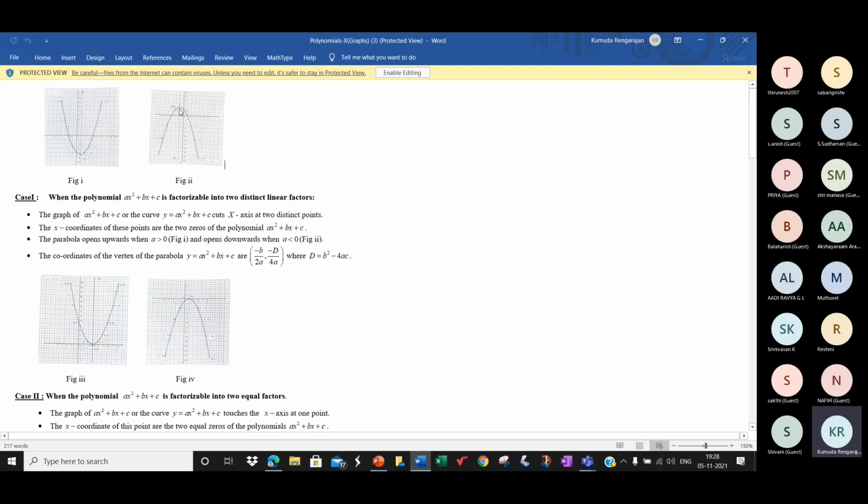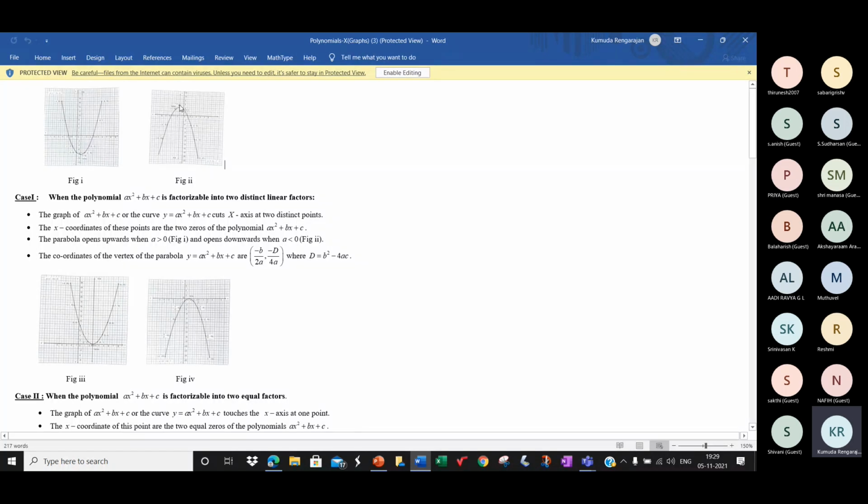In this graph, this is the highest point. And whether it is the lowest or the highest point, they are called the vertex. This is the vertex of the parabola.